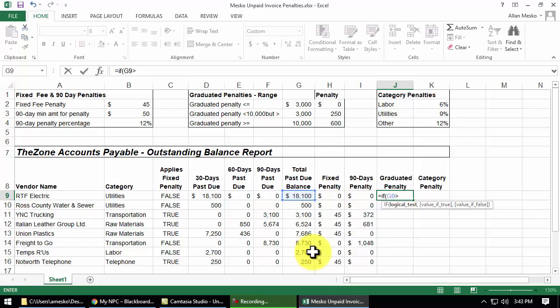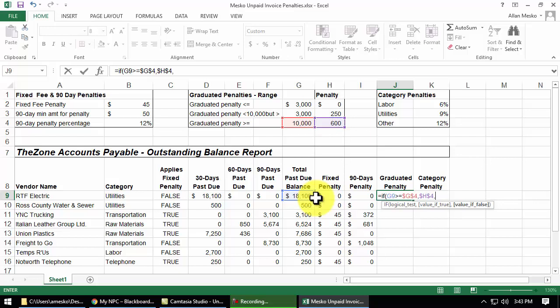That'd be greater than or equal to, and we don't want to type 10,000. We want to click on this because those numbers might change and we just change them in one place. But we want that to be an absolute reference. So if our total balance is greater than or equal to that, what's our penalty? Comma. It's this $600, isn't it? And that is an absolute reference.